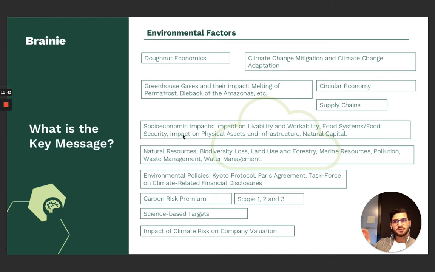So current value of the investment, your investment, divided by the issuer's market capitalization times the issuer's Scope 1 and 2 emissions. The other way is the weighted carbon emission metric, which is the current value of the investment, again in your portfolio, times the issuer's Scope 1 and 2 emissions over the issuer's revenue in $1 million.